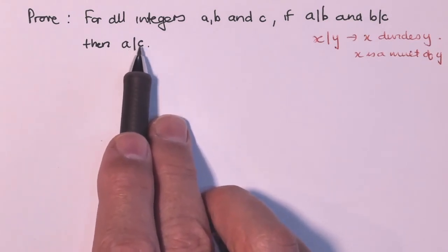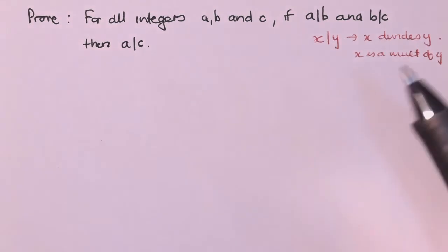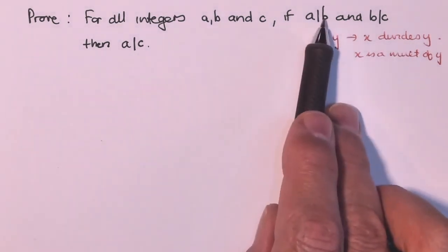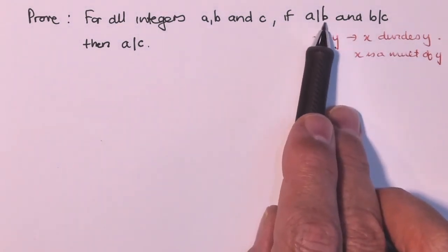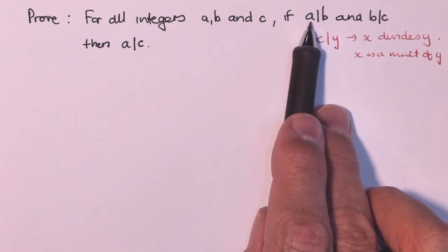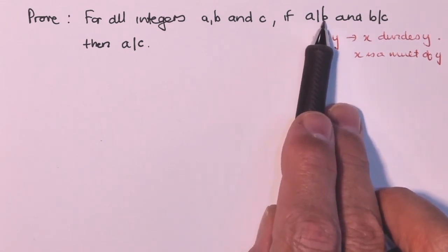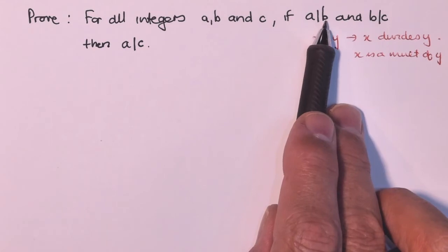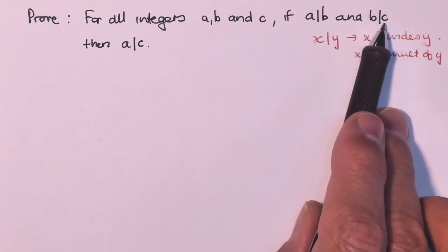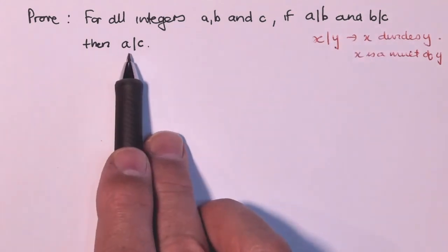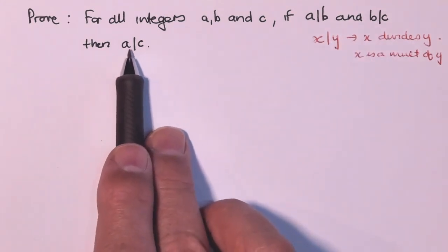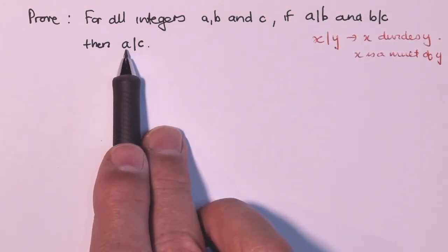Another way to say this is that to say that a divides b is to say that b is indeed a multiple of a. And we do the same for b dividing c. So what are we going for then? We're going for c being a multiple of a at the end of this whole exercise.